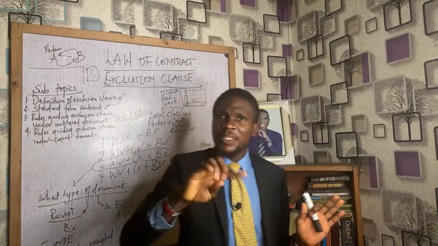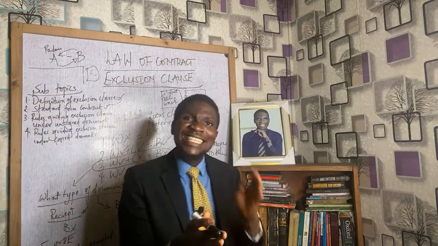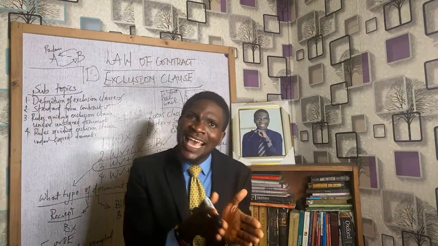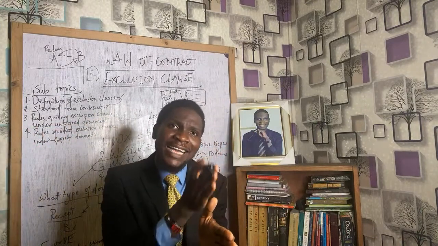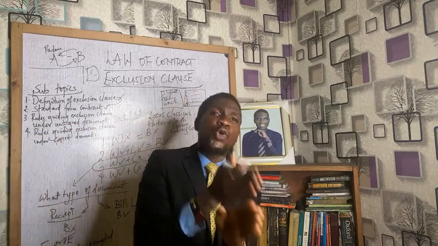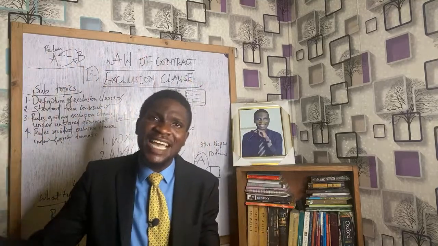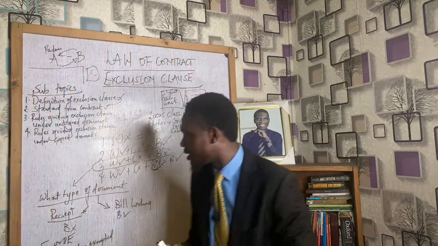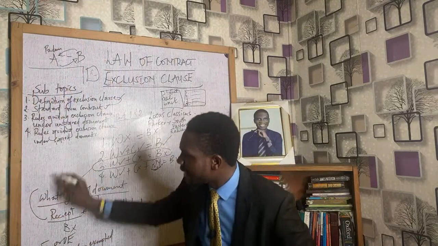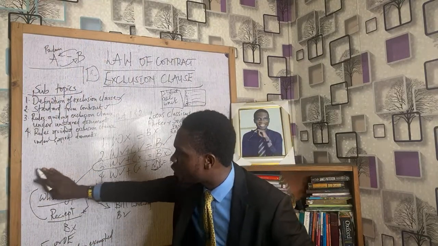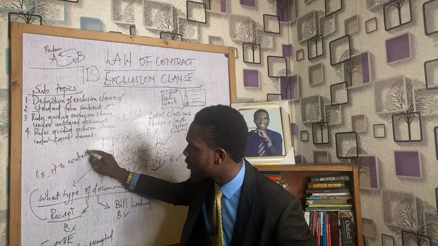Now, the second perspective that I gave you is the contractual document rule. Because at the end of a contract, offer, acceptance, consideration, everything has been concluded. At the conclusion of a contract, everything that comes after it cannot be said to be a contractual document. So therefore, when we are looking at the document, when we say receipt, the question is: is it a contractual document?